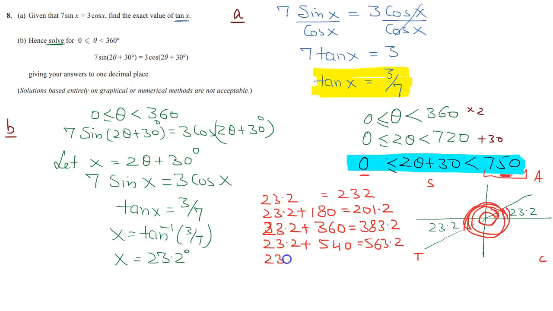So 23.2 plus 540 plus 180, that is 720 plus 23.2, which is 743.2.